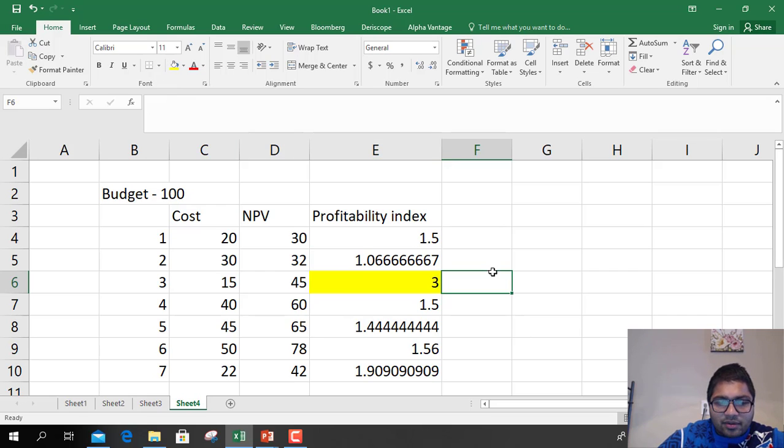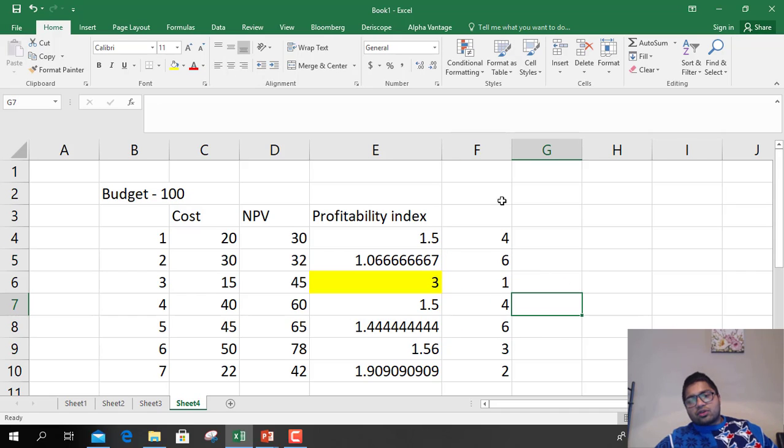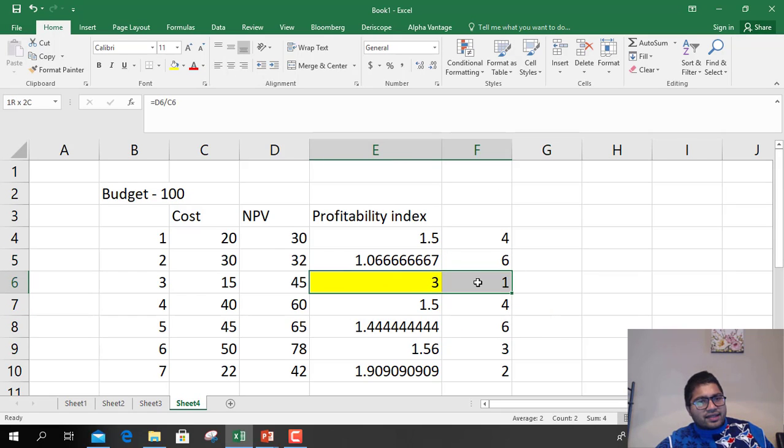So first you will select project 3, then project 7, then project 6, then this is 4th, 5th and 6th. So you would go by this.